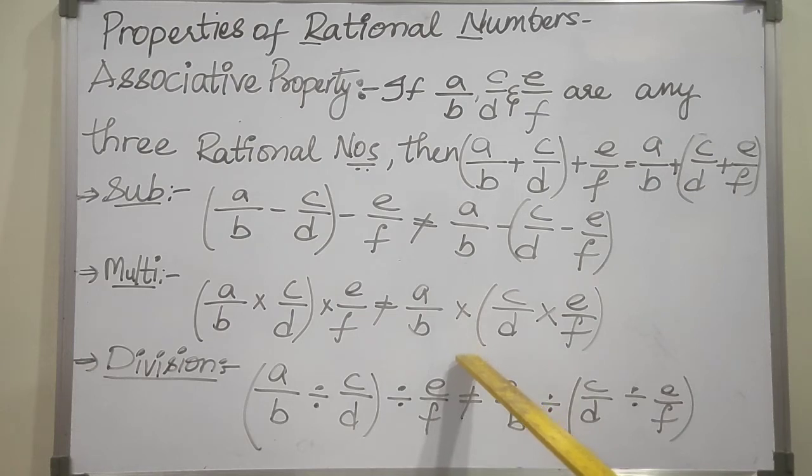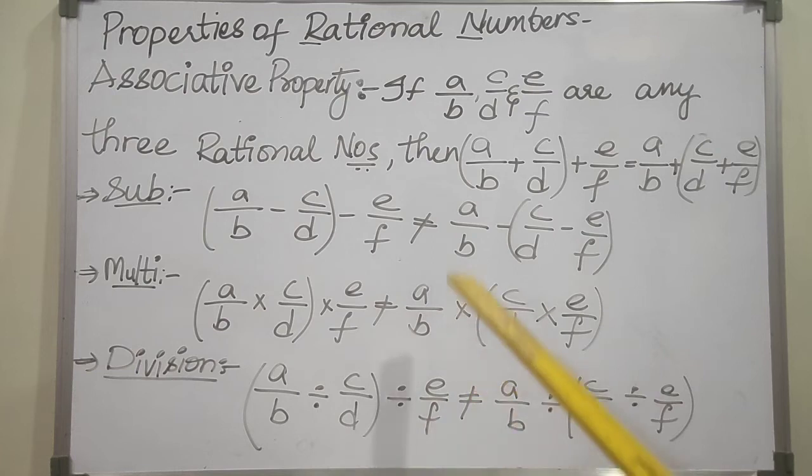Okay, now we shall head on to division. Here in division also we can observe that for integers, whole numbers or rational numbers, the associative property does not hold true. We can verify this later in the next video.